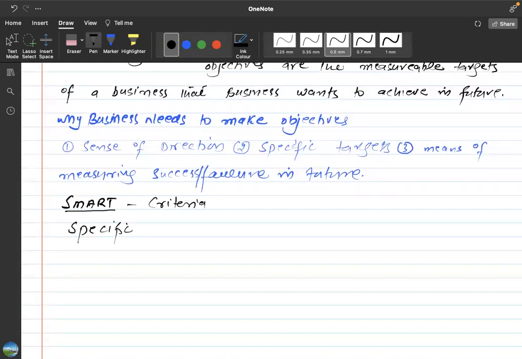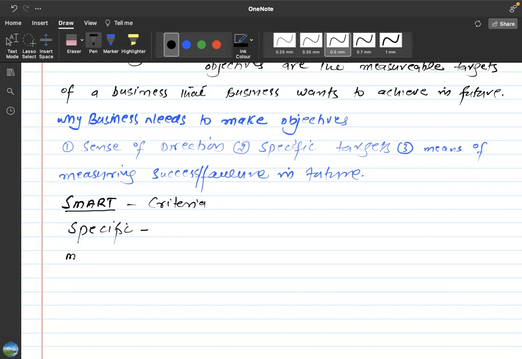It shows that a business objective should be specific, focused, and determined. We cannot say that the business wants to do something in future. The business would specifically say the business wants to achieve profit, or growth, whatever. If the objectives are specific, then only can they be called objectives.